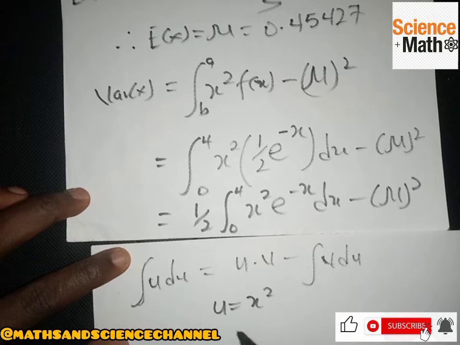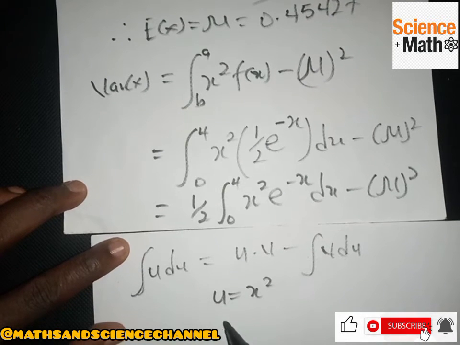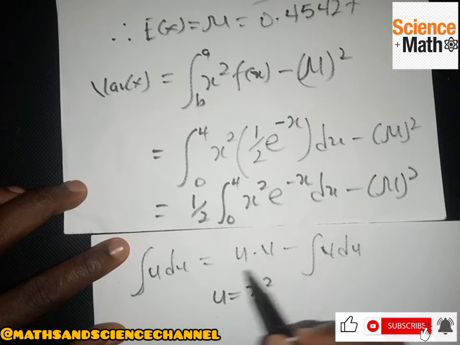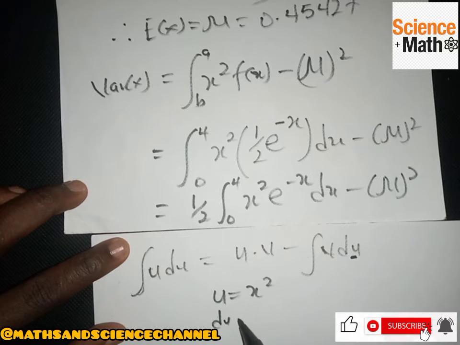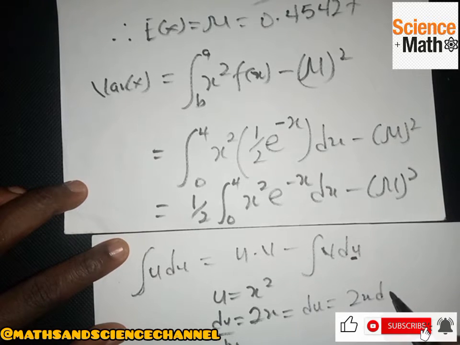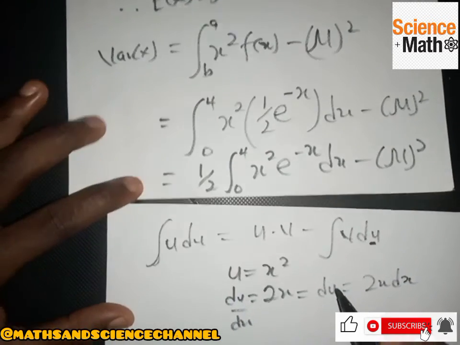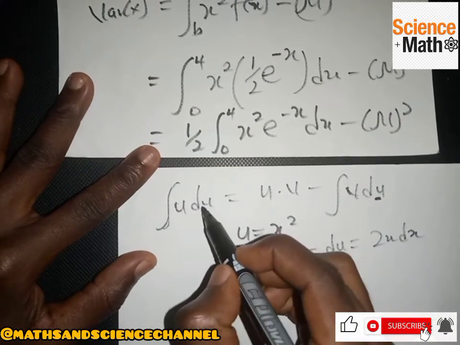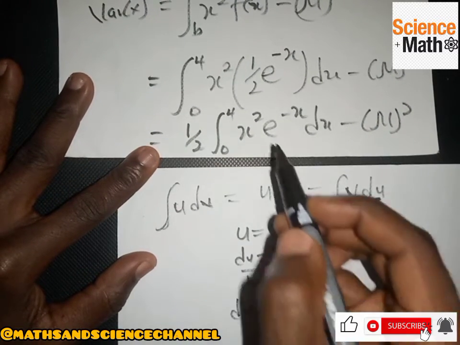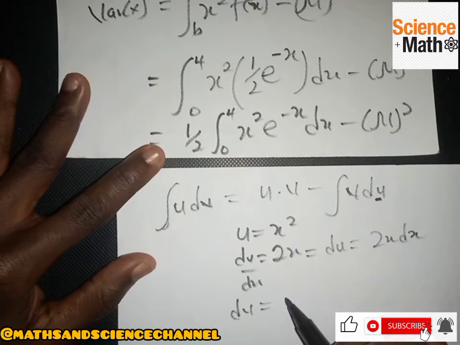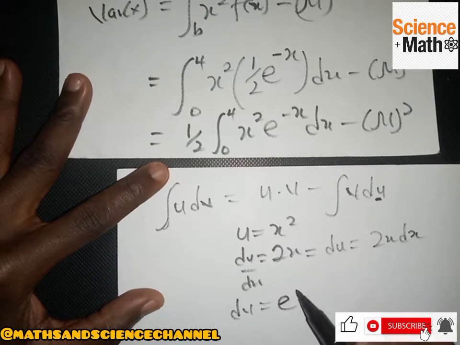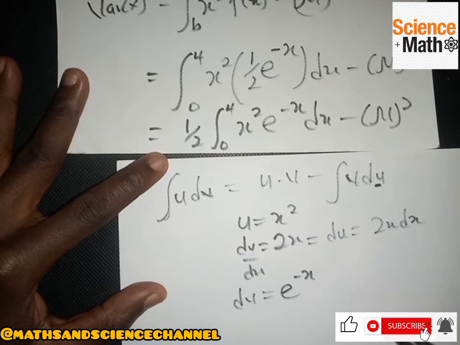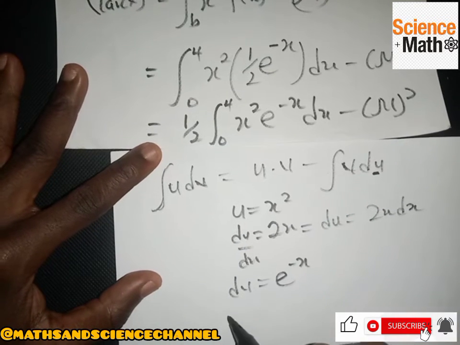So if u is equal to x squared, we also need du. Differentiating that gives 2x, so du is equal to 2x dx, and then we need dv. Dv from the integral is just e to the power minus x.